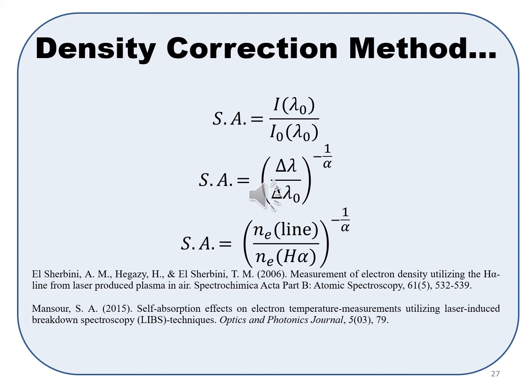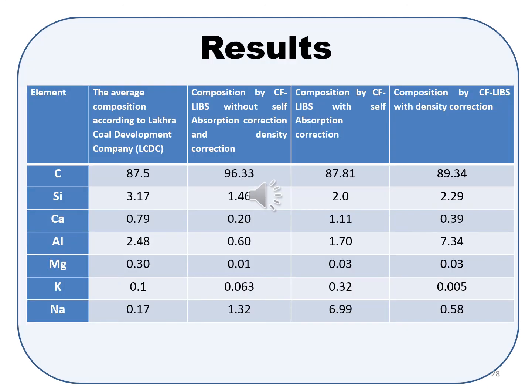Now we have replaced it by using the full width half maximum of the same line, and then we replace it by the number density: the actual number density which we calculated from the H-alpha line, and the number density calculated from the line which is affected by self-absorption. Now we have found the actual intensity of all the lines by using the same density correction method. So we use these actual intensities to find the actual contribution of each element in the sample.